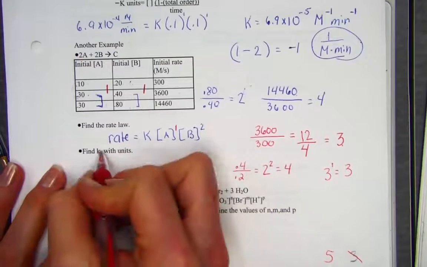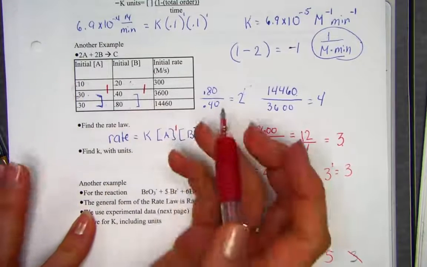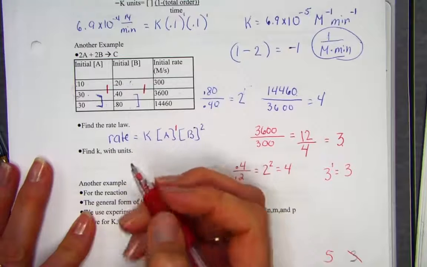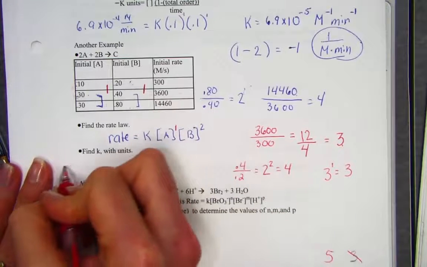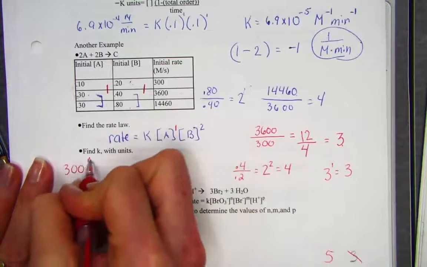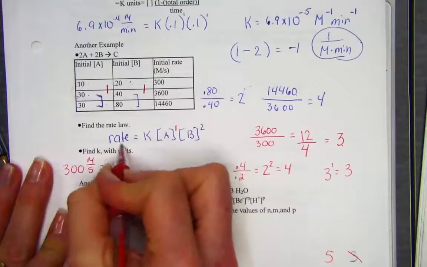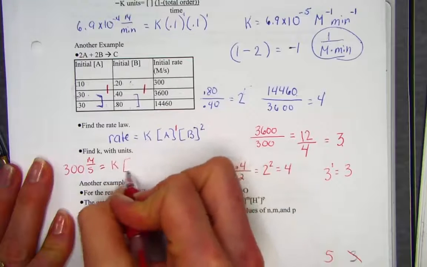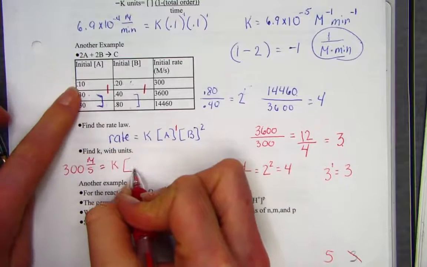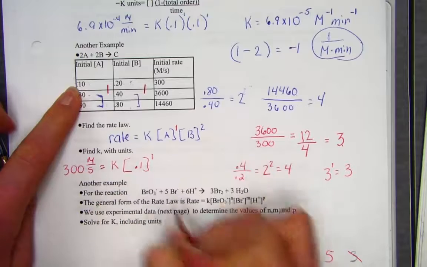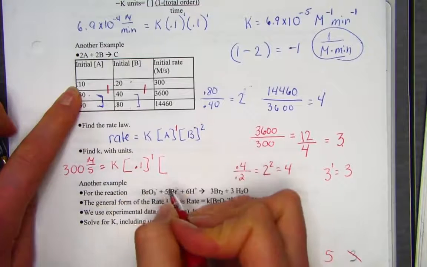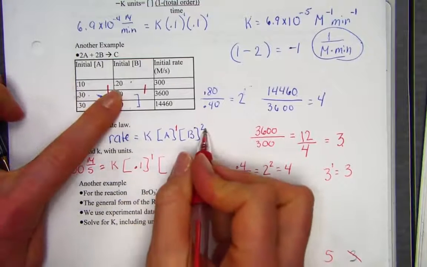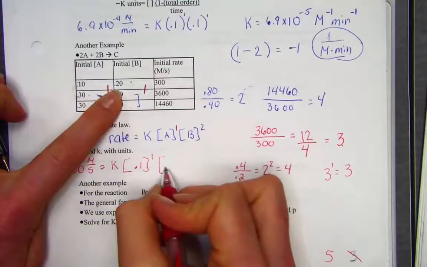To find K, we just pick a trial. I always pick trial 1, but for no other reason than it's written first. Its rate is 300 molarity per second. That's rate. It's set equal to K, what we're solving for, times the concentration of A raised to the first power, times the concentration of B squared, to the second power.